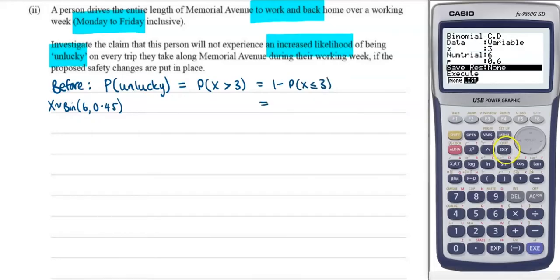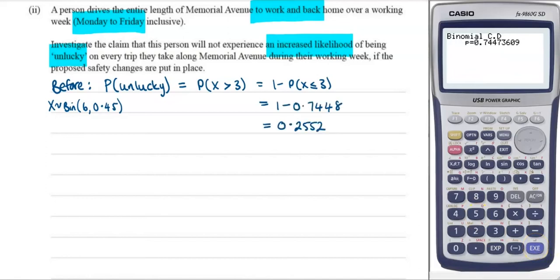And on that one, we just need to go back to what we had here, but the probability was 0.45. So the probability of being unlucky on one trip would be 0.2552. Now they take a total of 10 trips, so we want the probability of being lucky on every trip.